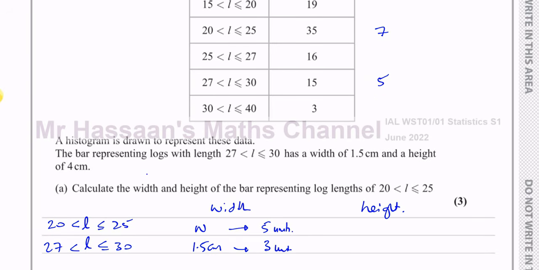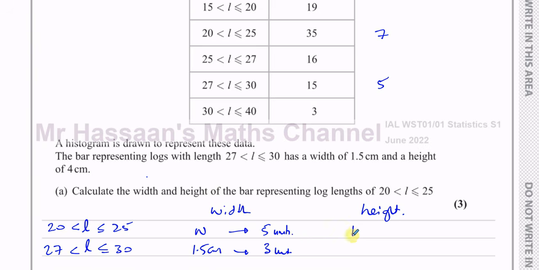So I know that the height of the bar is determined by the frequency density. So the height of the 20 to 25 bar, that's what we have to find. The height we're going to try to find is going to be representing 7 units of frequency density. And the height of the bar that we have been told about, which is the 27 to 30 bar, is 4 centimeters.